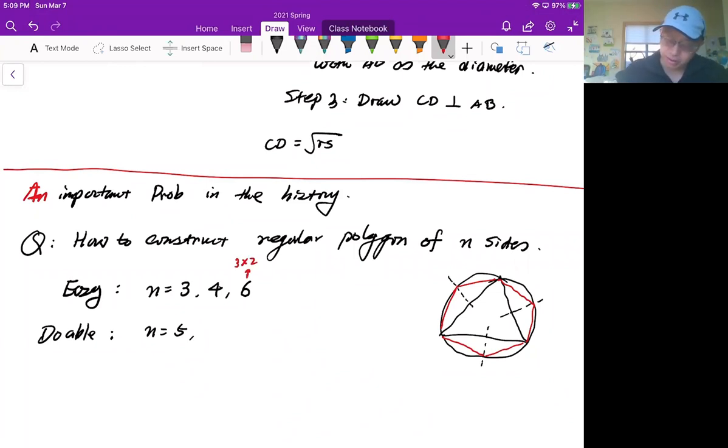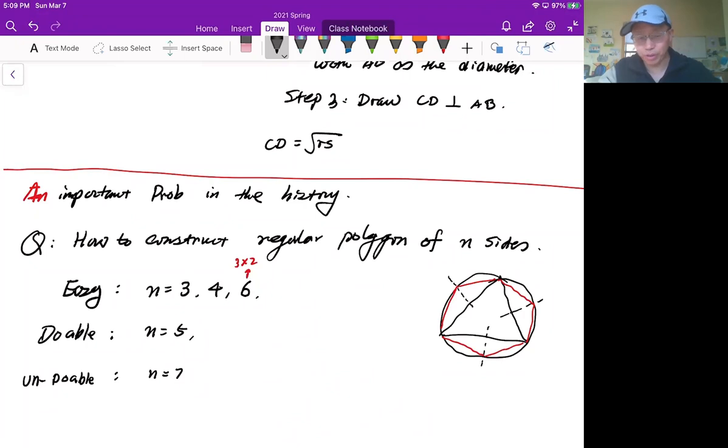That's good. And 7 is actually not constructible. So n equals 7 is not constructible. Okay, 8. Is 8 constructible or not?